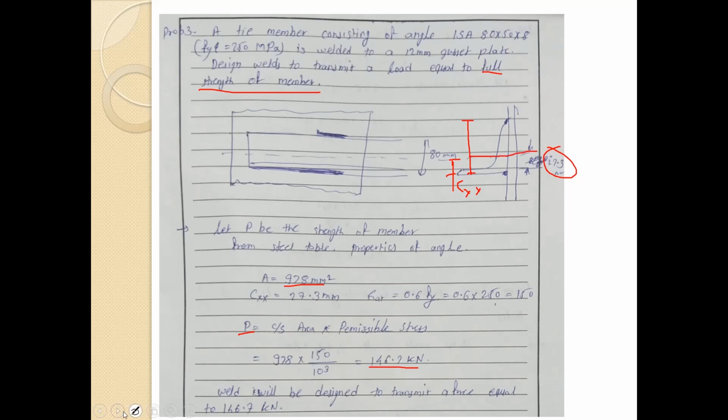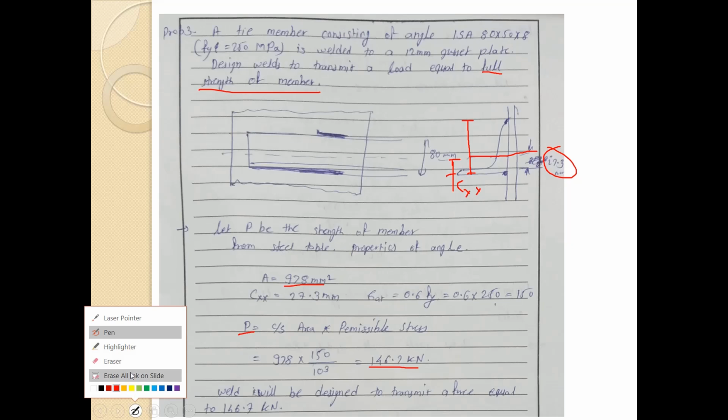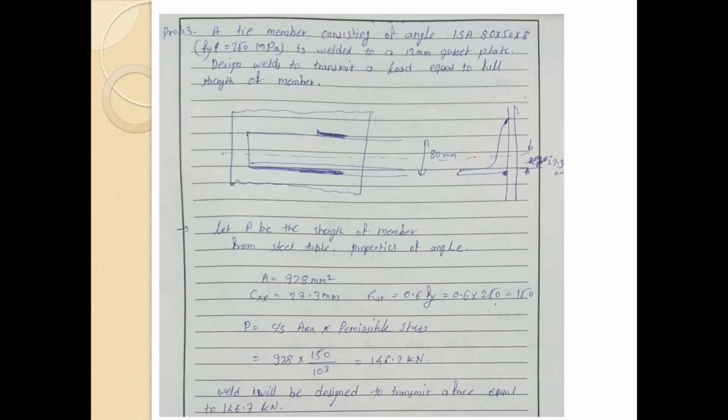Let me clear the screen. So this is the CG of this particular angle in XX direction. We have this Cxx distance, that is 27.3. Sorry for the scribbling in the side. So this is 27.3, and this entire length, this leg, is of 80 mm.